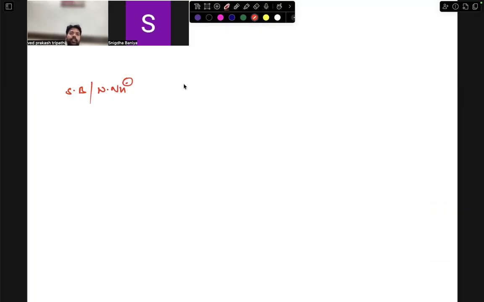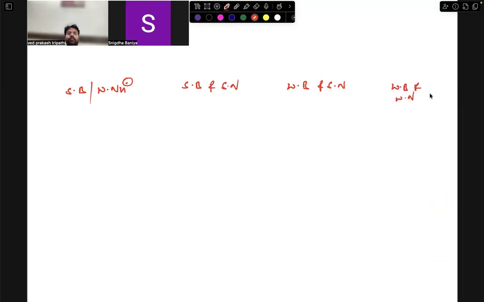The second category is strong base and strong nucleophile. The third category is weak base and strong nucleophile. And the last category is weak base and weak nucleophile.